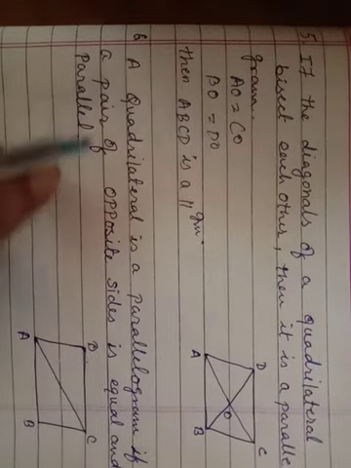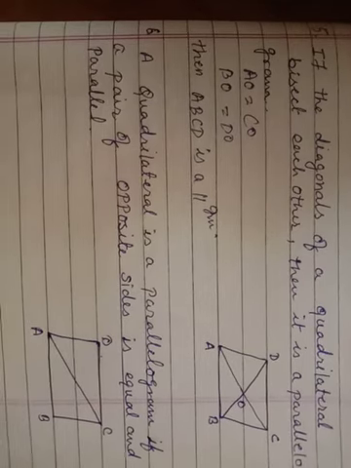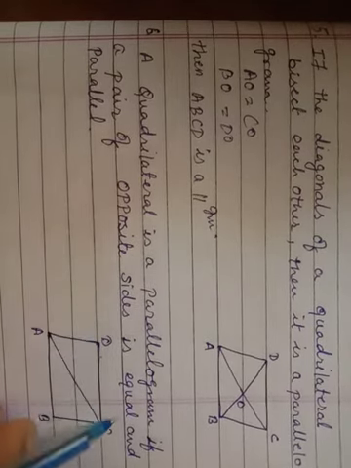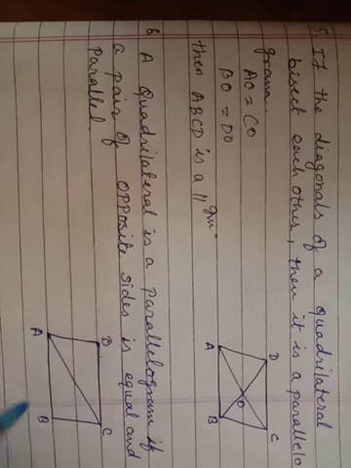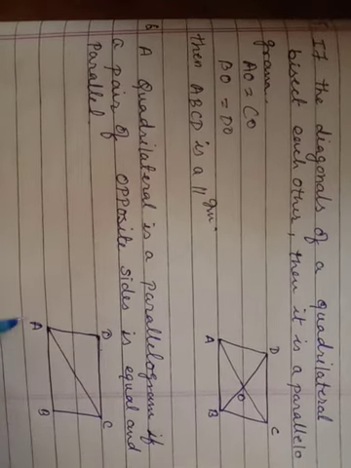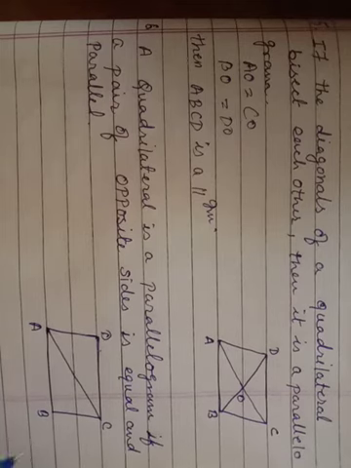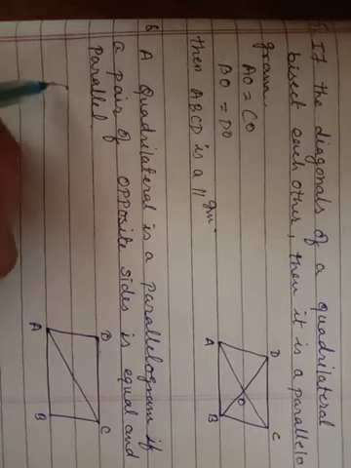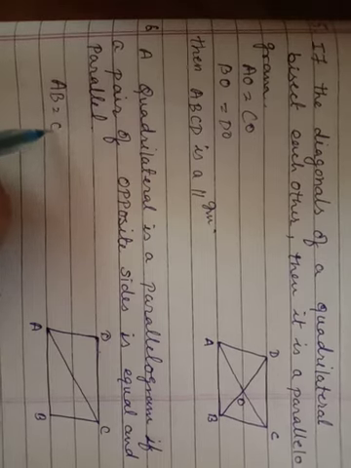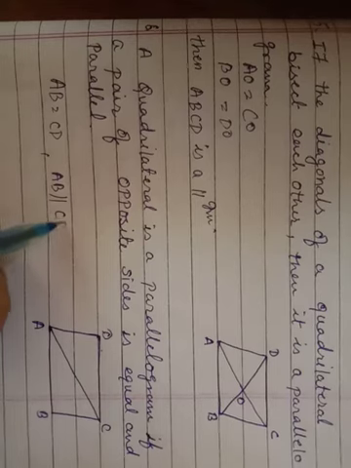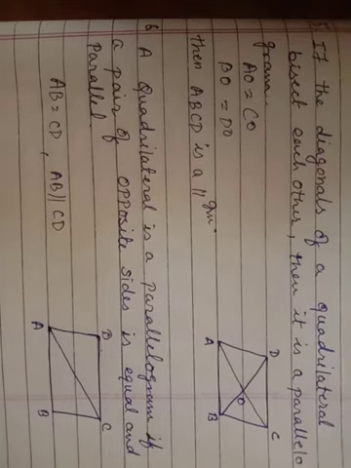Now theorem number 6, a quadrilateral is a parallelogram if a pair of opposite sides is equal and parallel. You have to show that the same pair of sides is equal and parallel also. It means if AB is equal to CD and AB is parallel to CD, then ABCD is a parallelogram.